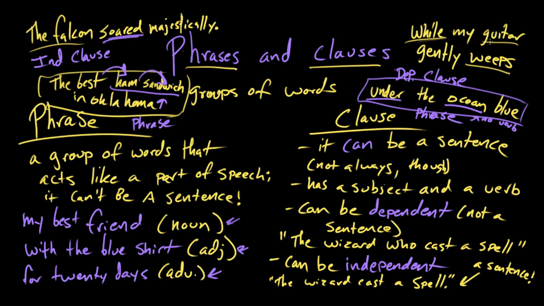What is it doing? It's weeping, so we know it's a clause. We'll go into what the difference between a dependent and an independent clause is next time. But just know for now, this is a clause over here, and this clause over here, the falcon soared majestically, is also a clause by dint of the fact that it has both a subject, the falcon, and a verb, soared majestically. Cool. That is phrases and clauses.